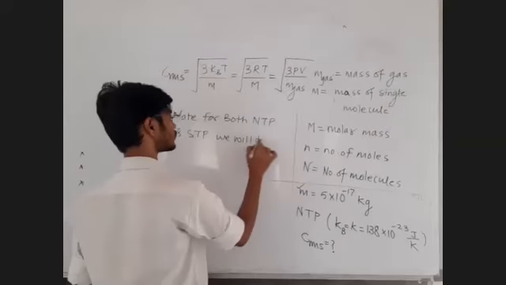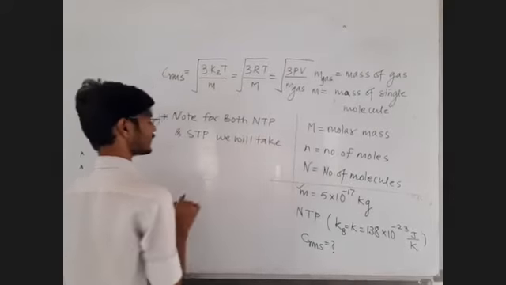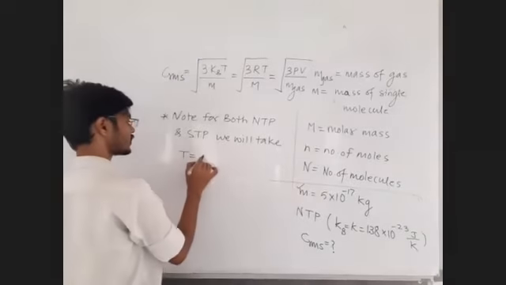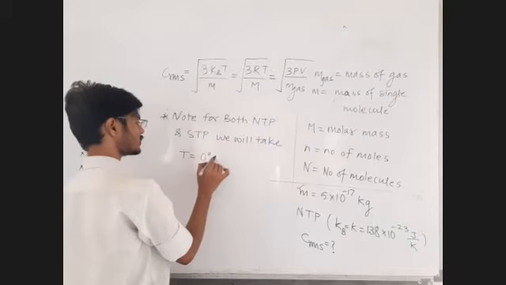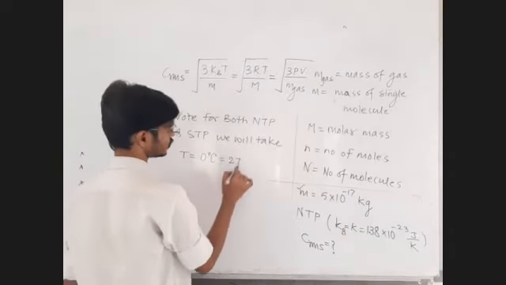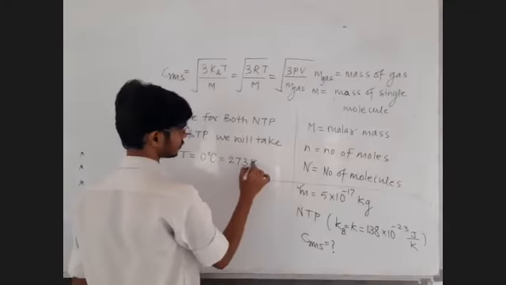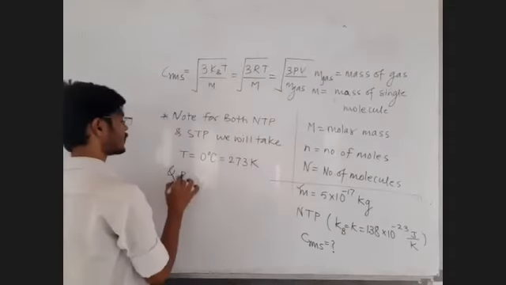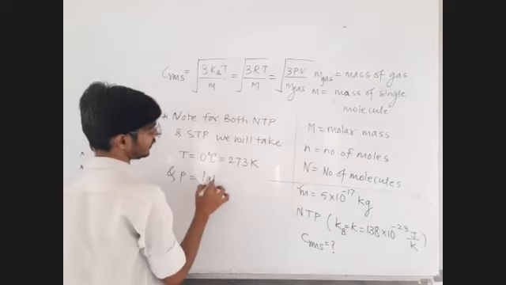We will take temperature equal to 0 degree Celsius, which is equal to 273 Kelvin, and pressure equal to 1 atm.